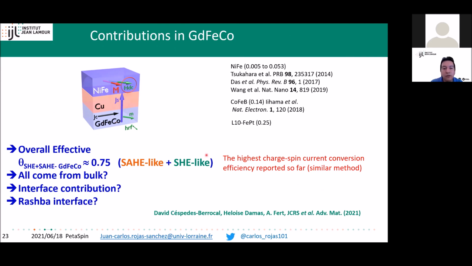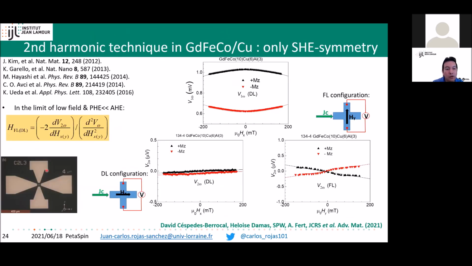I will not enter into the detail, but a way to disentangle this is with second harmonic, because with second harmonic we estimate the spin-orbit torque coming only from this symmetry, because as I already told you, this symmetry cannot give any spin torque. So for that we use second harmonic. I think it's a very well known method also.